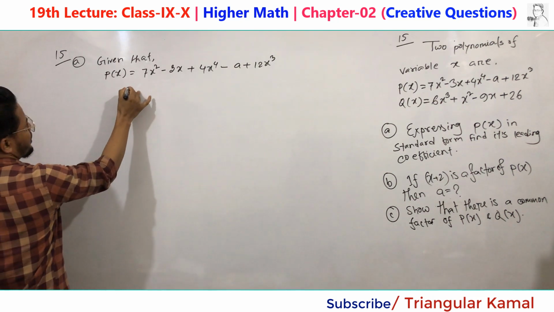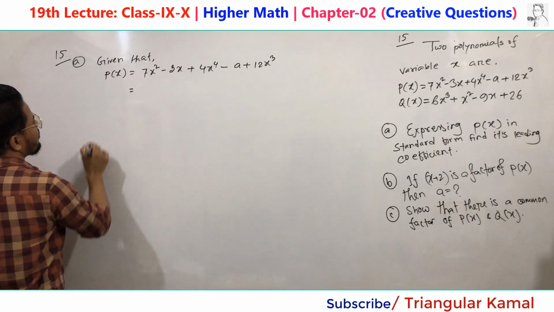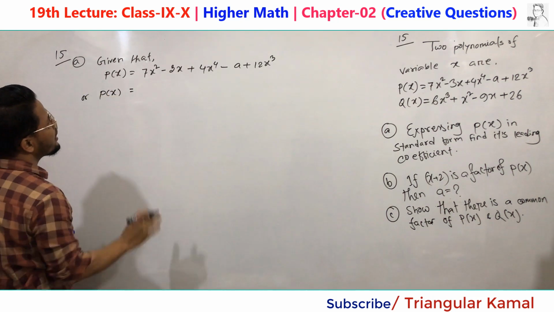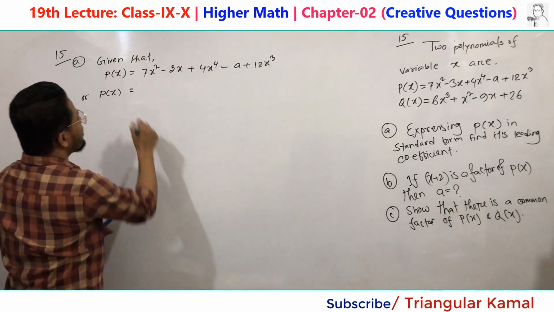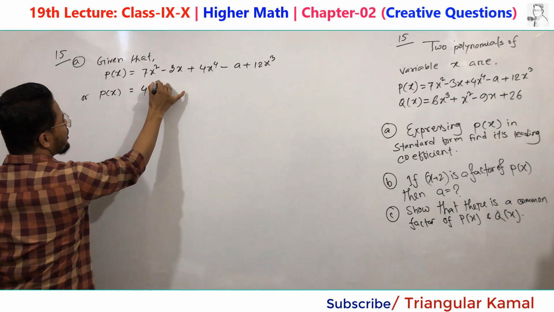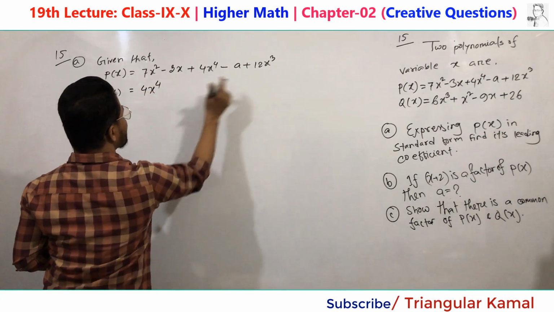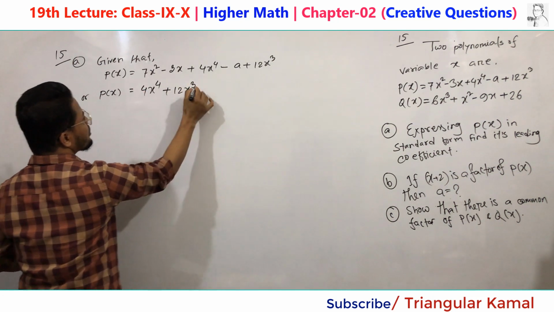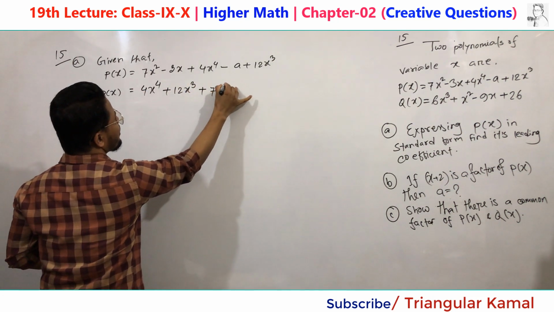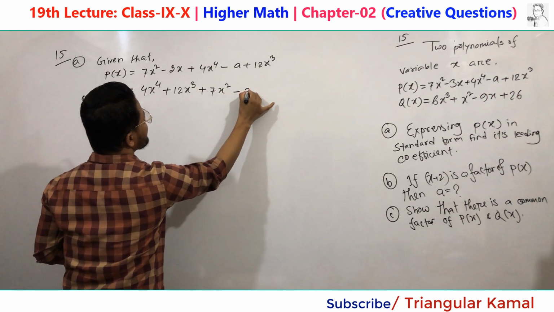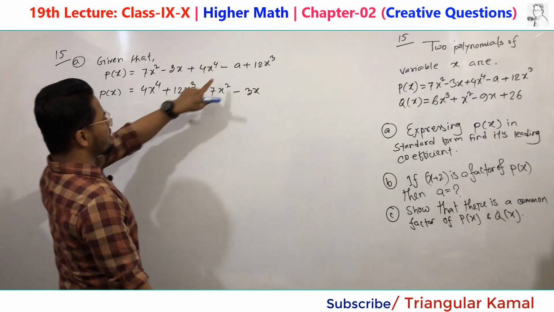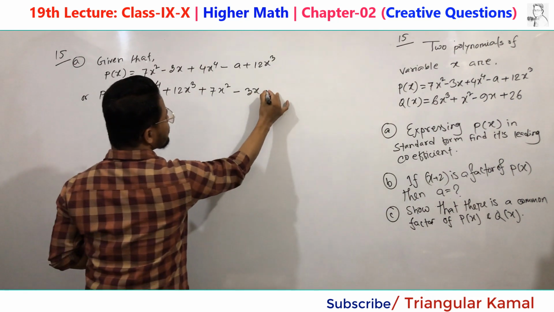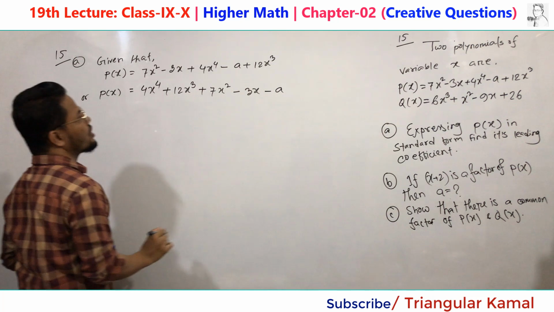If we arrange this in standard form, p of x equals the highest power, 4x to the power 4, then the second highest, plus 12x cube, and then the square term, 7x square, and then minus 3 times of x. There is minus a, where we don't see any variable x, that's why minus a is a constant part here.